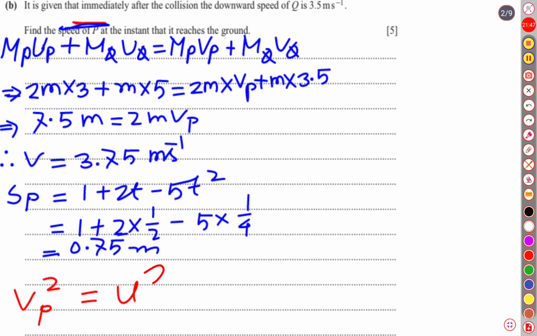The initial velocity we have already obtained: after the collision p was moving at a speed of 3.75.